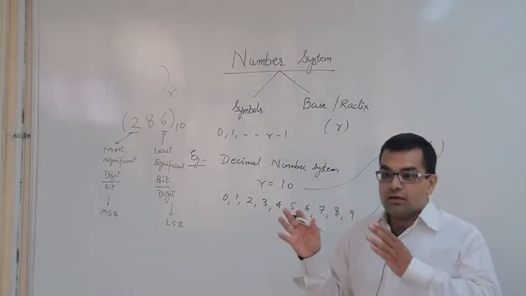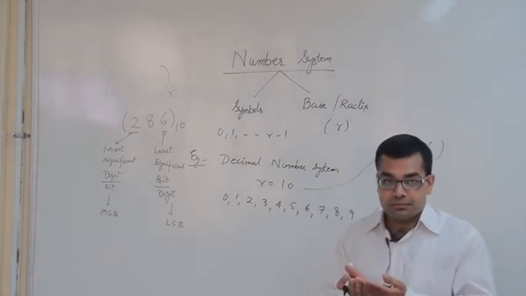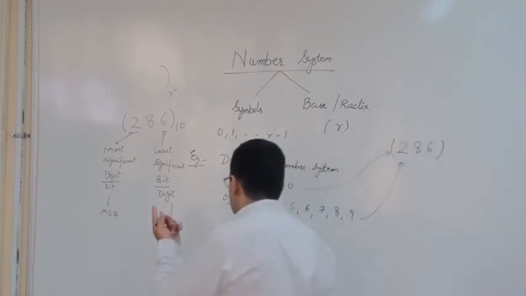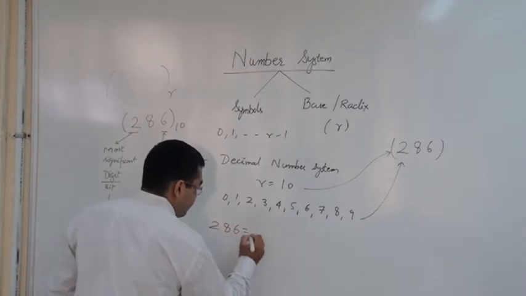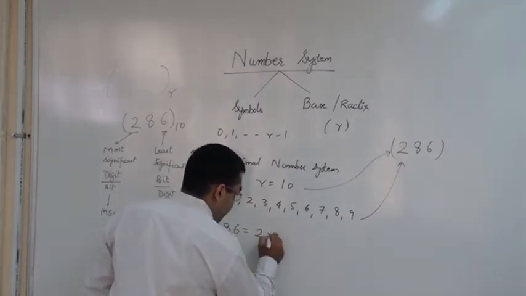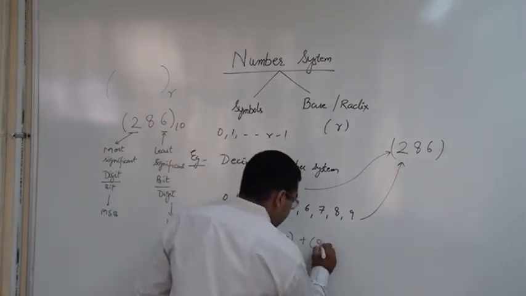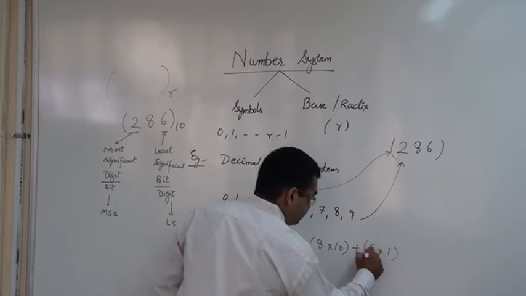First of all, like we have written 286 in decimal notation, if we expand it, our basic way of writing it is, we can write 286 as 2 into 100 plus 8 into 10 plus 6 into 1.